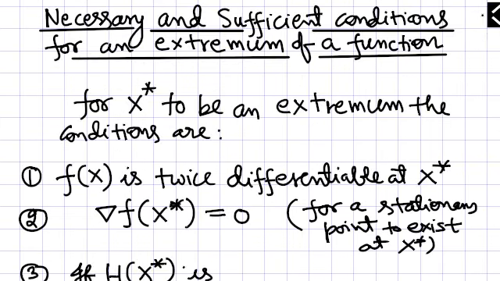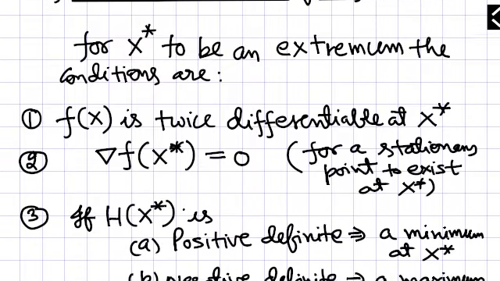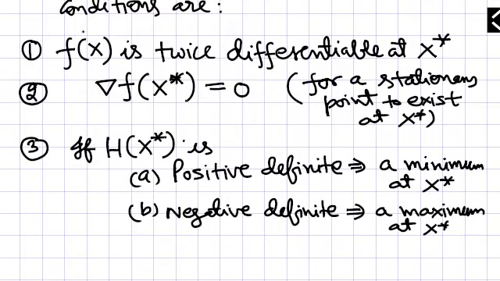Now I come to the point of necessary and sufficient conditions. As you already know the meaning of necessary and sufficient conditions, here these first two conditions are necessary conditions. They must be there, and the third condition is sufficient.